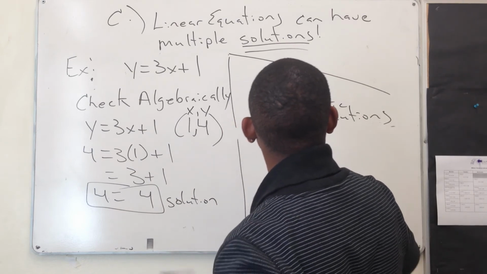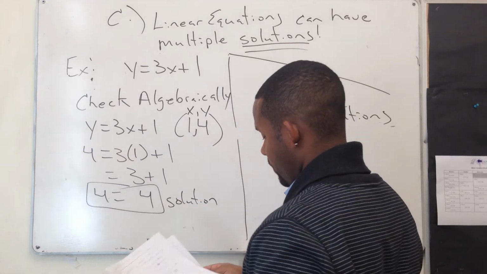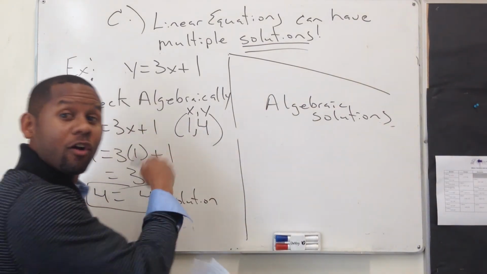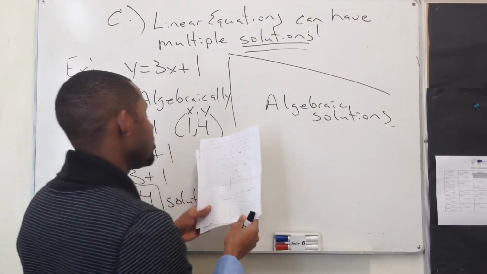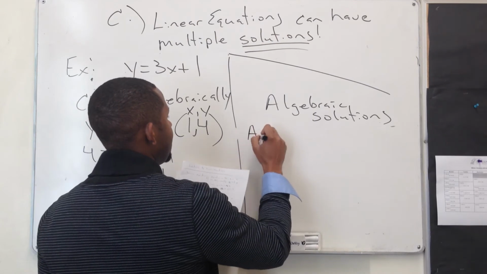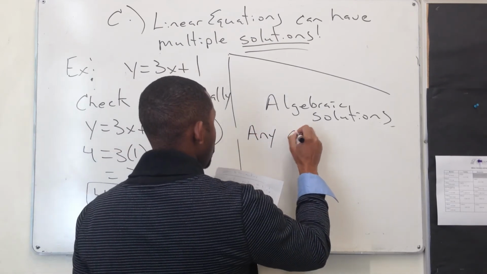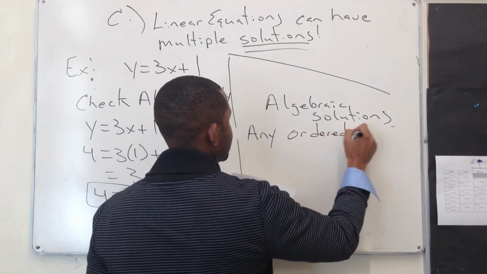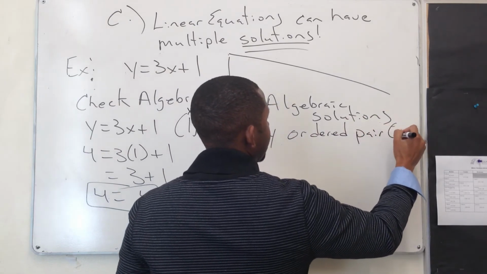We need to talk about the algebraic solutions now. And we've basically already talked about it. An algebraic solution is any ordered pair. In other words, x, y.